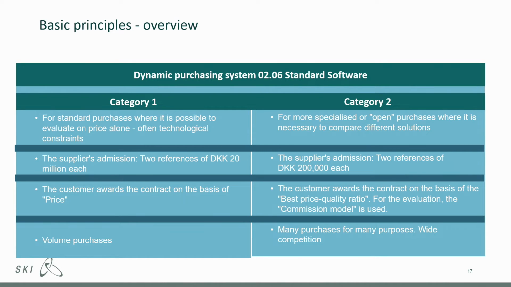But for category 2, you only need 2 references of 200,000 Danish kroner. That's almost 25,000 pounds. That's almost nothing. So it's very easy to get into this agreement.